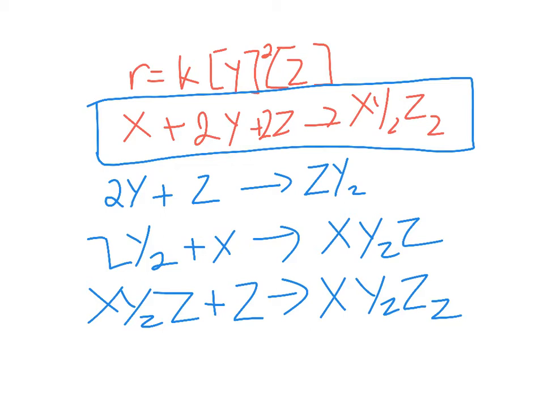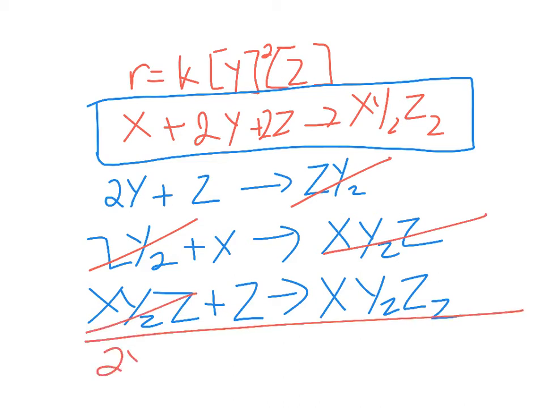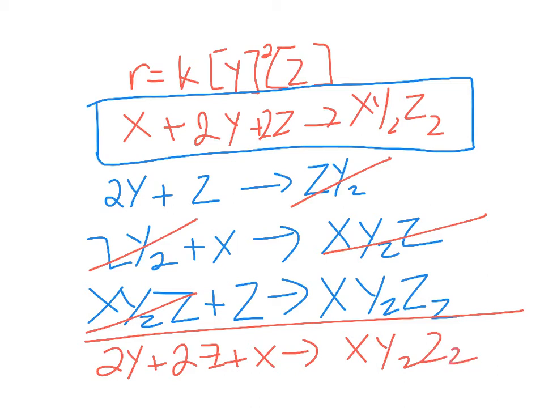So this got used up, this got used up. So overall, we've got 2Y, 2Z, plus an X, XY2Z2. Is that our overall? Yeah.